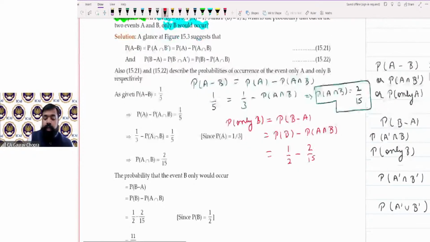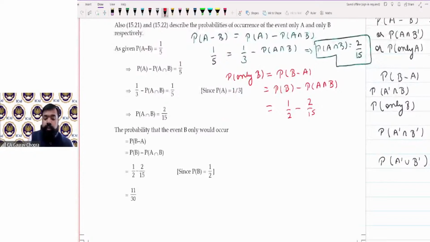You can subtract and get the answer. The answer will be 11 upon 30. Okay.